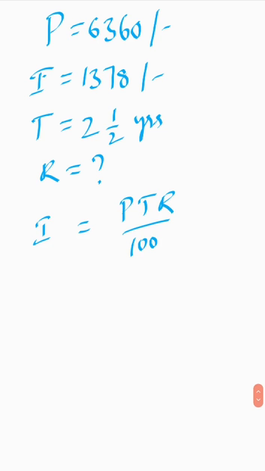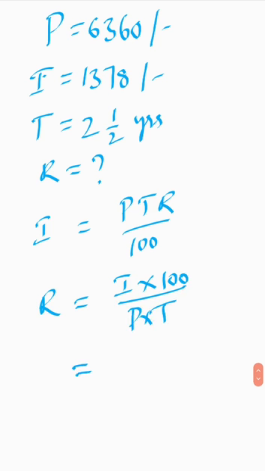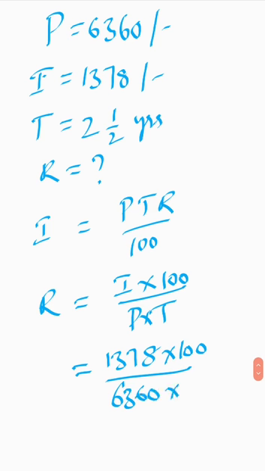Here we need the rate, so simply write R in terms of the remaining 3. So now R is equal to I into 100 divided by P into T. Simply first write like this, then substitute the values. What is interest? 1378 into 100 divided by principal 6360 into what is time? 2.5. 2.5 is a mixed fraction, convert: 2 into 2 is 4, 4 plus 1, 5 by 2.